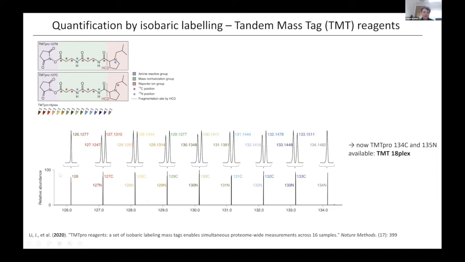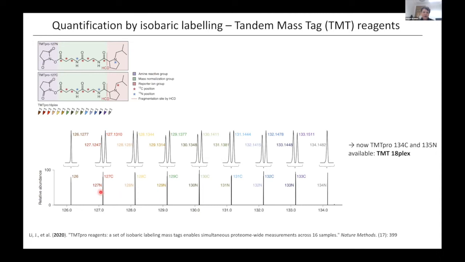One further concept that then was introduced was the fact that in a high resolution mass spectrometer, it is actually possible to distinguish the small mass difference that originates from either heavy nitrogen or heavy carbon isotopes. And that is shown here. So in the bottom panel, it looks like we're looking at 9 different channels from 126 to 134. But when we zoom into the peaks in the center here, we see that each of those come actually as a pair.